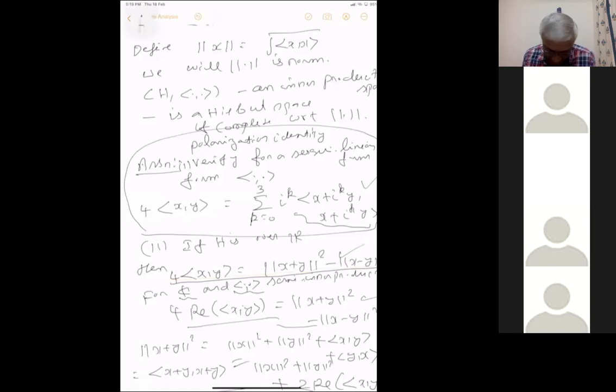The usefulness of the polarization identity is that you prove something for the norm, and then you can use the polarization identity for the inner product.